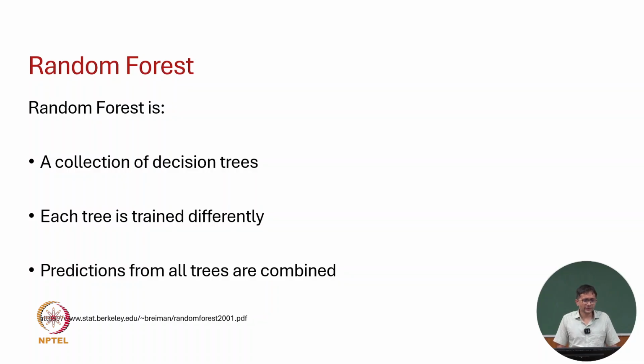And then you are not really benefiting from the wisdom of crowds, right? This is the same thing we are trying to conceptualize here. That's why each tree has to be trained differently, and then we combine the predictions from all the trees.